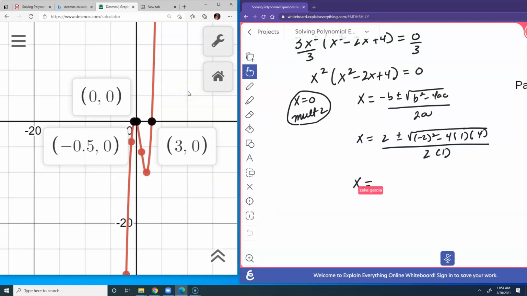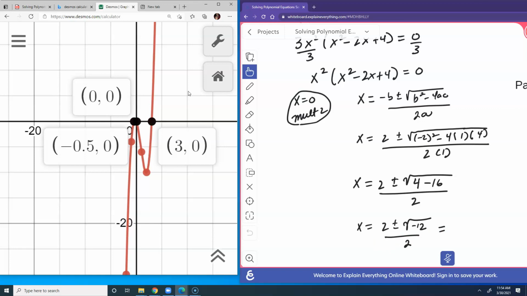So I have x equals 2 plus or minus the square root of 4 minus 16 over 2. 2 plus or minus the square root of negative 12 over 2.